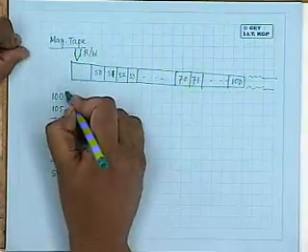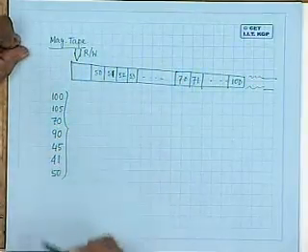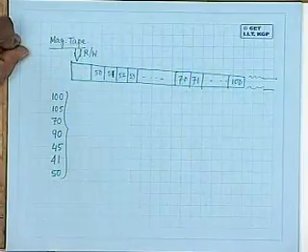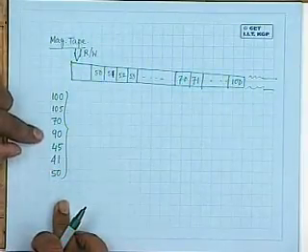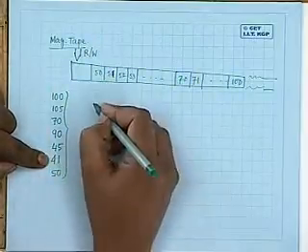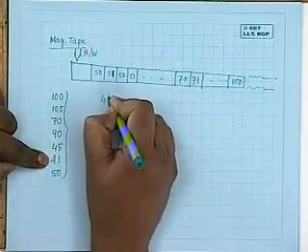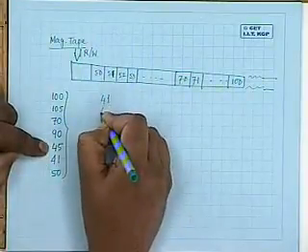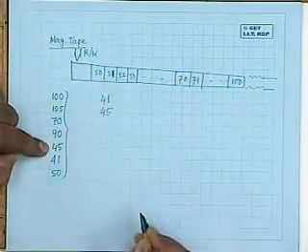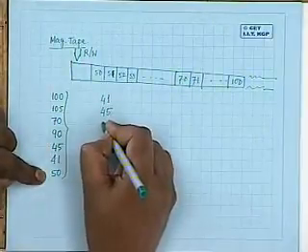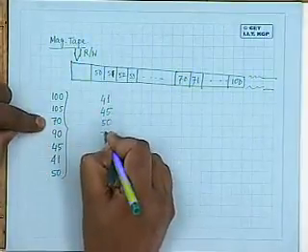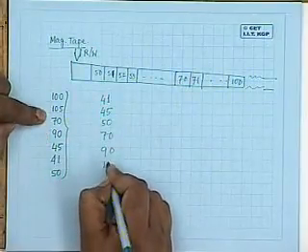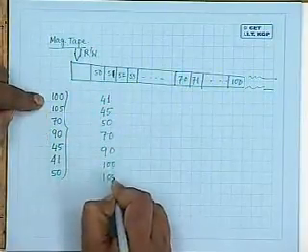Whereas, if I reschedule all these requests in ascending order of record number, I'll do it like this. First, I'll serve the request for access of record number 41. Then I'll serve the request for record number 45, then 50, then 70, then 90, then 100, followed by 105.